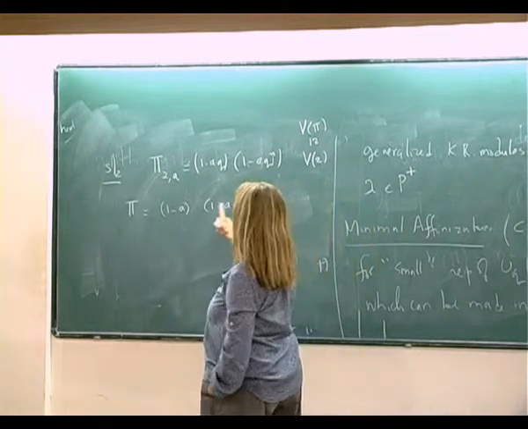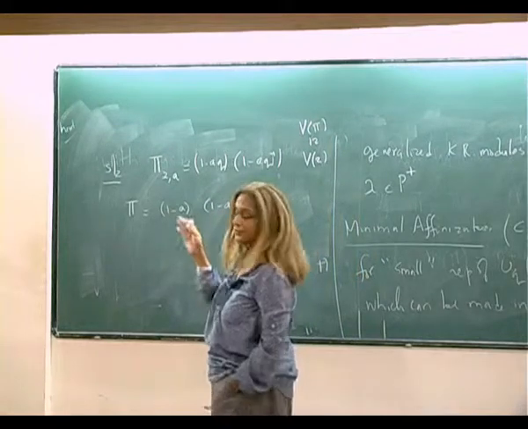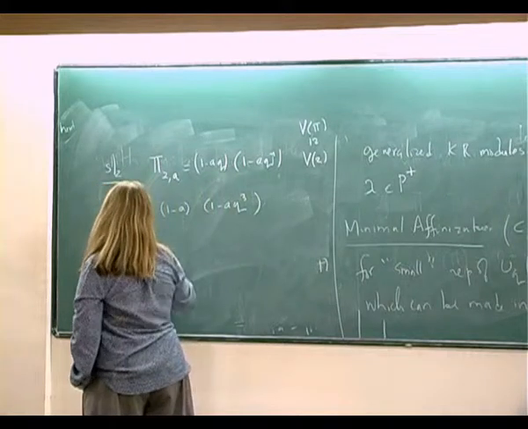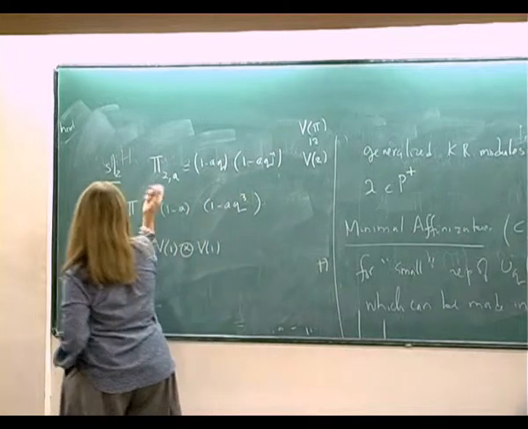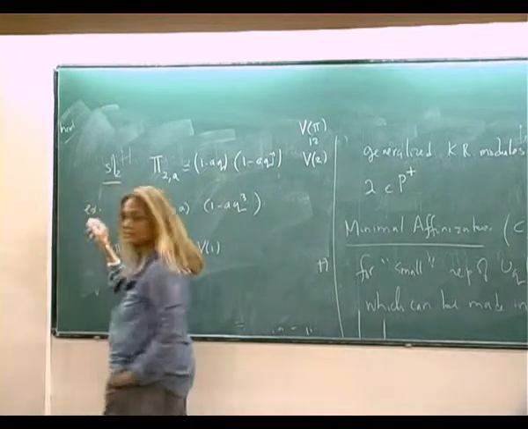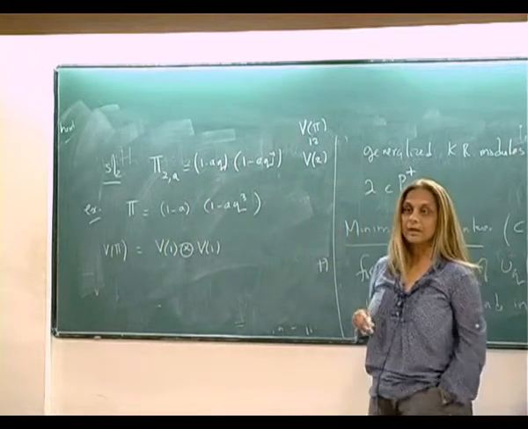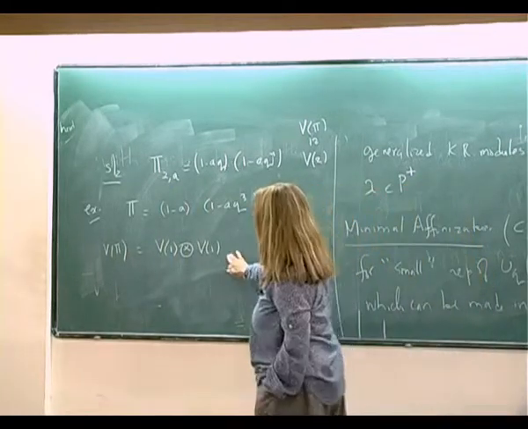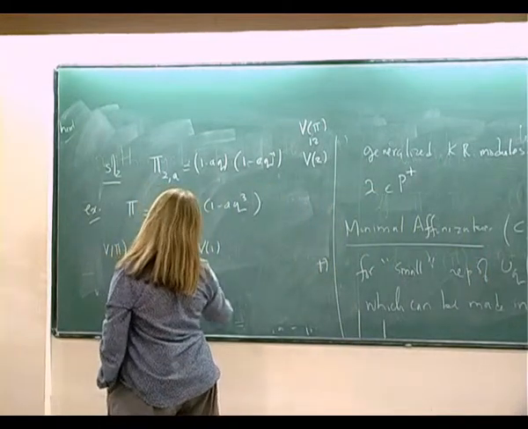And now if you look at this tensor product, it doesn't satisfy our favorite condition, and so the module associated to this is V_1 tensor V_1. This is an exercise you should be able to do because I told you what the reducibility conditions are for tensor products. So I claim that V_pi is greater than or equal to V_2.